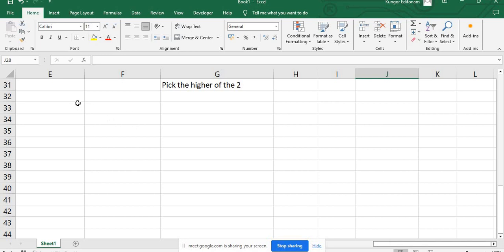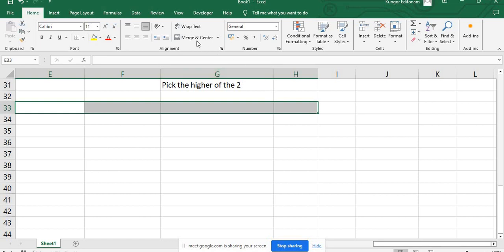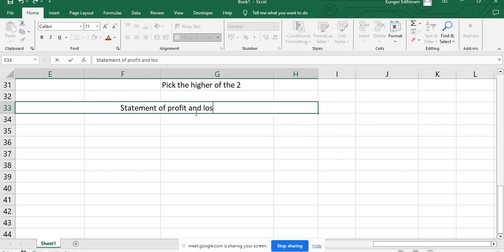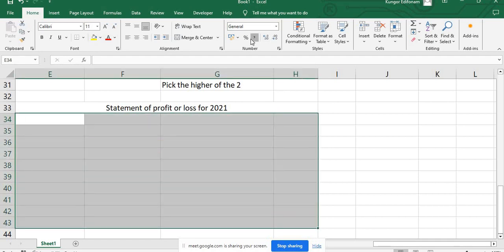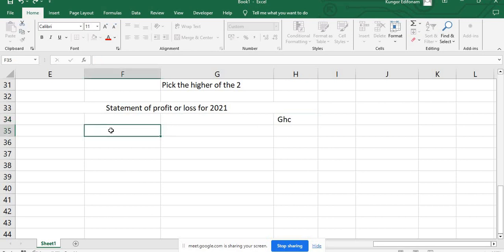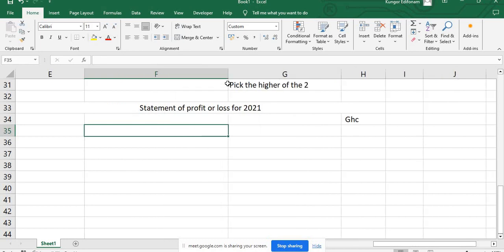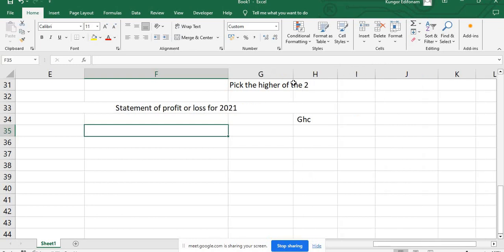Statement of profit and loss for 2021. We start with the revenue, and our revenue figure will be the 1 million.